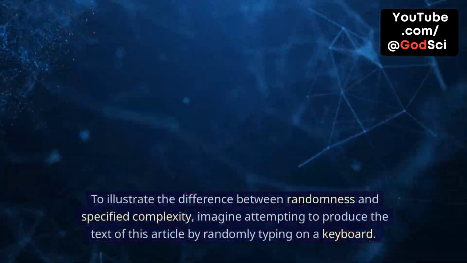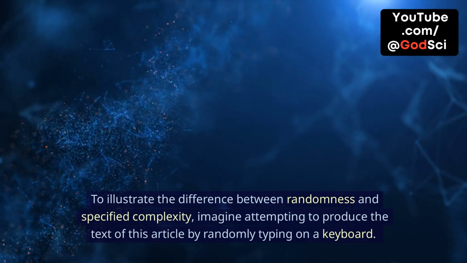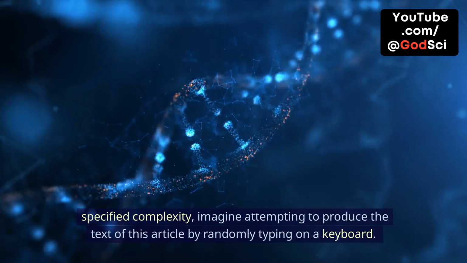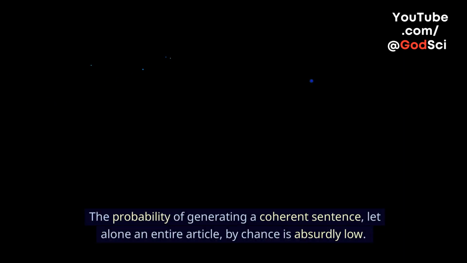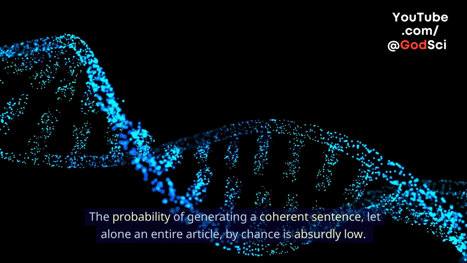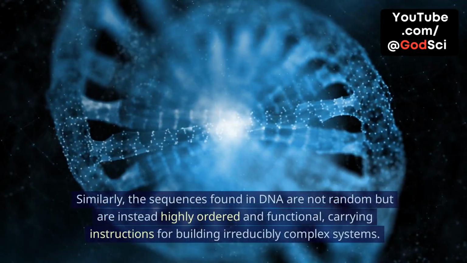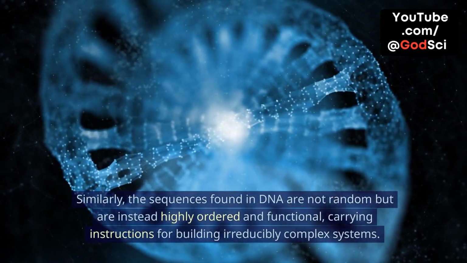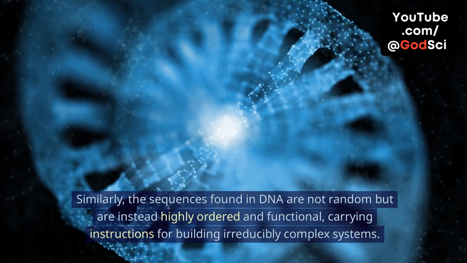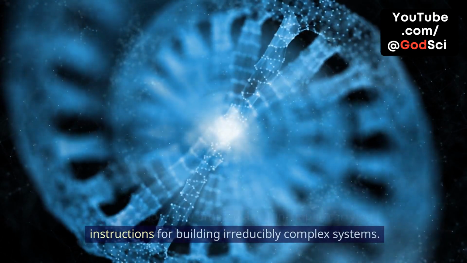To illustrate the difference between randomness and specified complexity, imagine attempting to produce the text of this article by randomly typing on a keyboard. The probability of generating a coherent sentence, let alone an entire article, by chance is absurdly low. Similarly, the sequences found in DNA are not random but are instead highly ordered and functional, carrying instructions for building irreducibly complex systems.